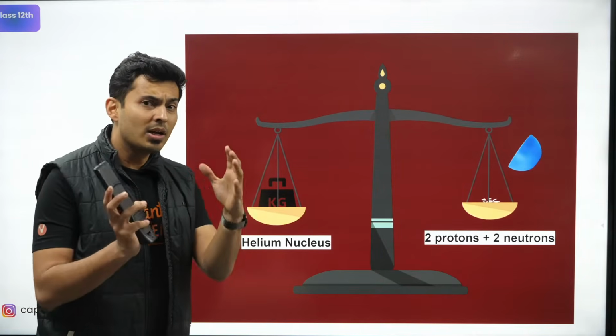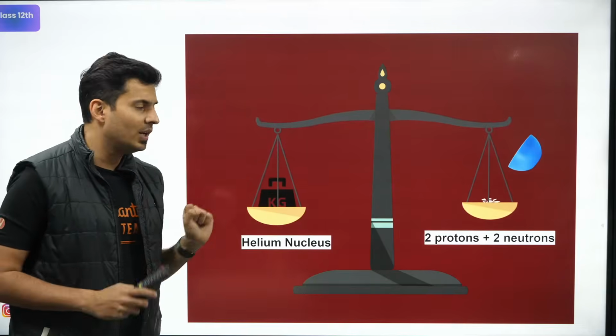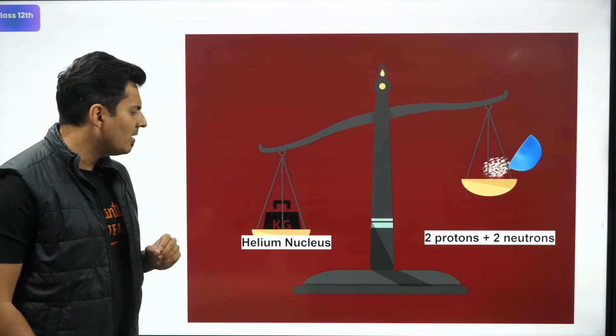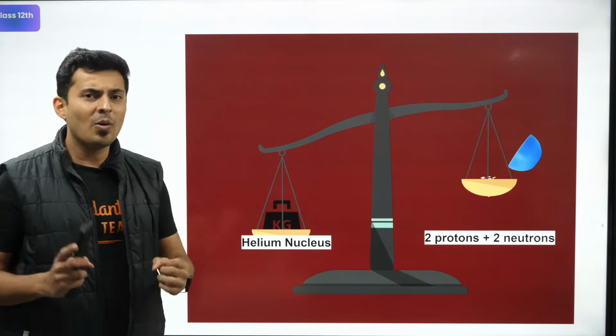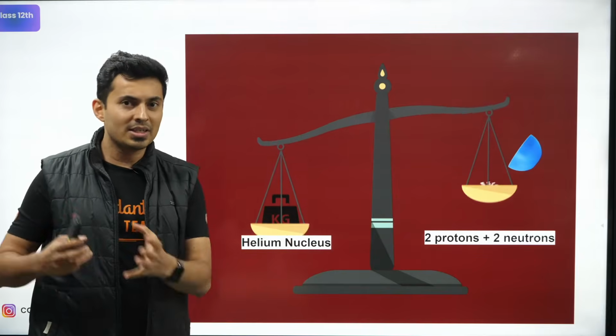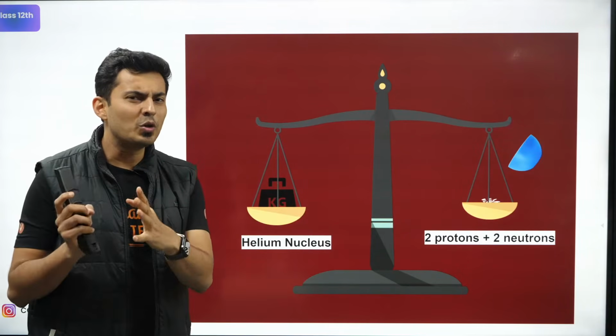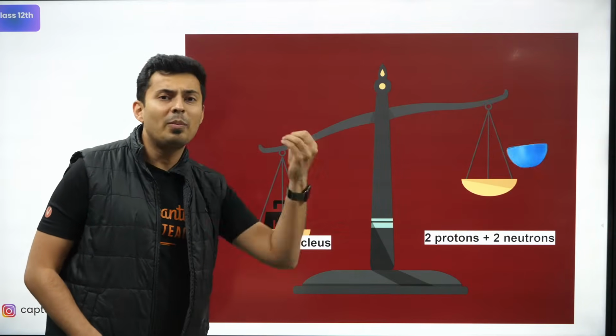We will talk about the mass of a nucleus and the mass of the particles making up the nucleus. For example, if I take a helium nucleus, it's made of 2 protons and 2 neutrons. And if somehow I was able to compare the masses of these 2 protons and 2 neutrons with the helium nucleus, you will see the helium nucleus is lighter than the individual particles.